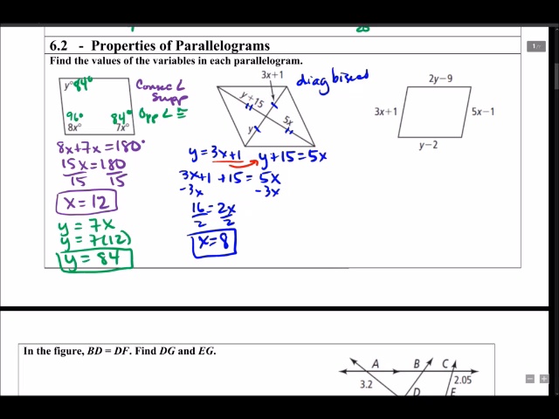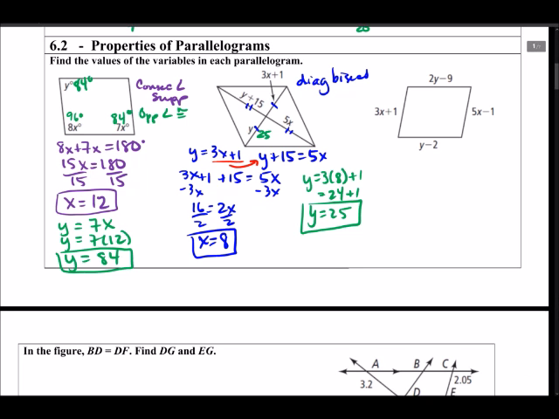So if x equals 8, then what can I do? I just come over here and take my y equation, and y equals 3 times 8 plus 1. So that's 24 plus 1, y equals 25. Now if I look at these, it means this length right here is 25.